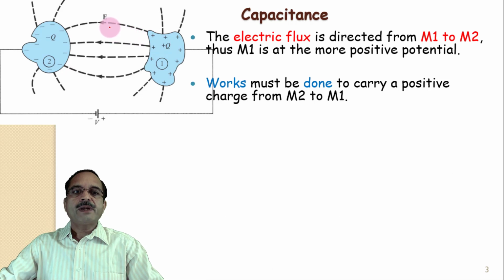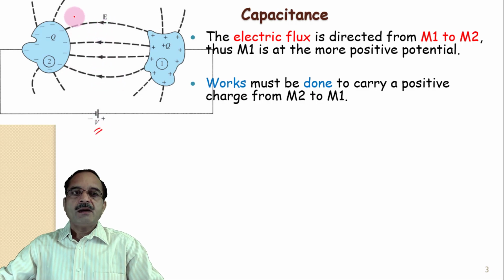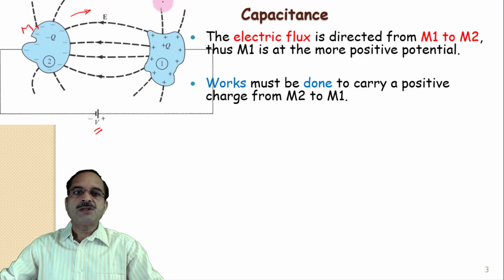Now to find out the potential between these two plates, there must be some work done in moving a test charge from negatively charged plate to positively charged plate.